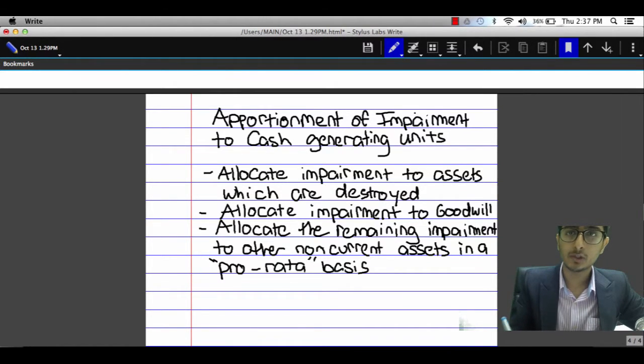Now, once we compare the carrying value and the recoverable amount of cash generating unit, we will get the impairment.